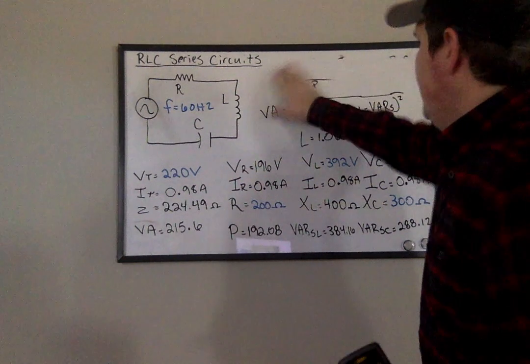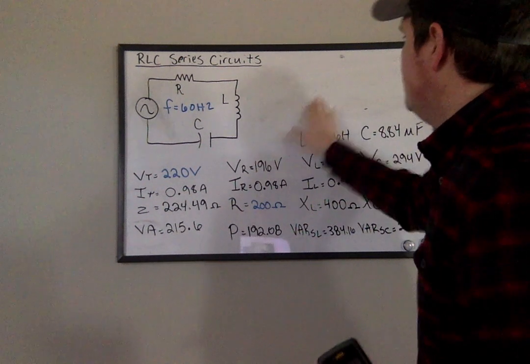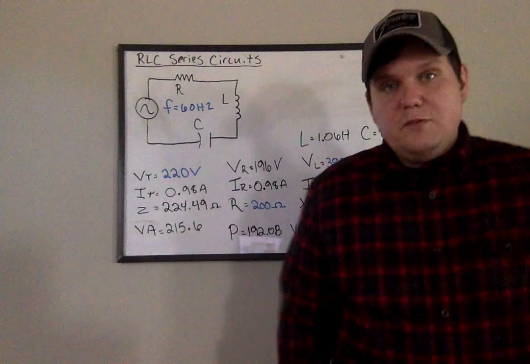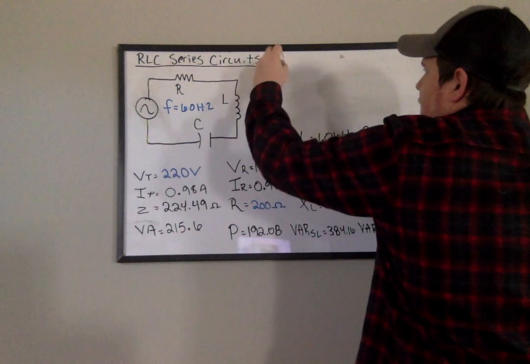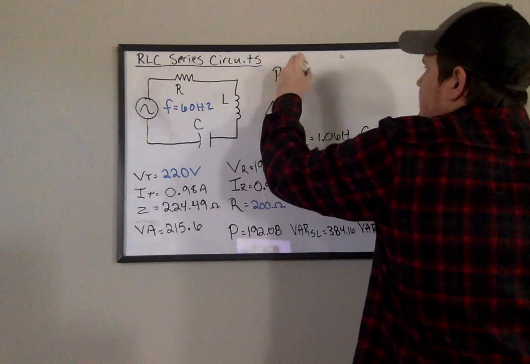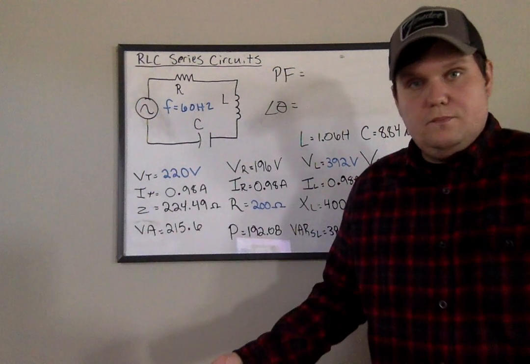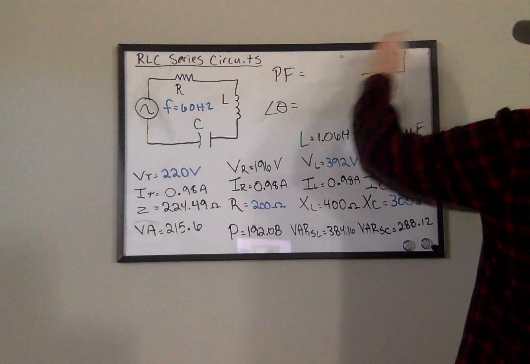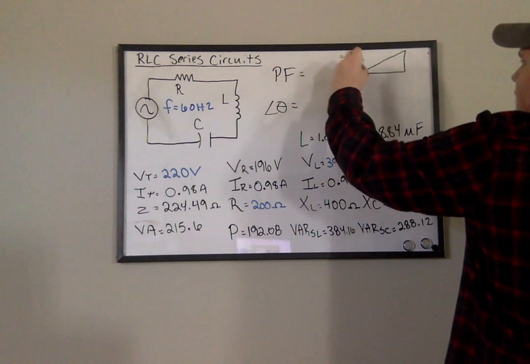All right, so now let's do power factor and angle theta, and then we will be done. Okay? So remember, power factor and angle theta can be any resistive component divided by its total. Because basically what we're looking at is our triangles here, and we're finding this angle here, angle theta.